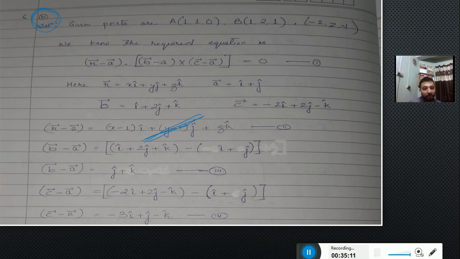That's why I'm doing 6 part B again. The 3 points are given to you. We know that this is the equation of the plane which passes through these 3 points. So you have R as this, A is this, B is this, C is this.